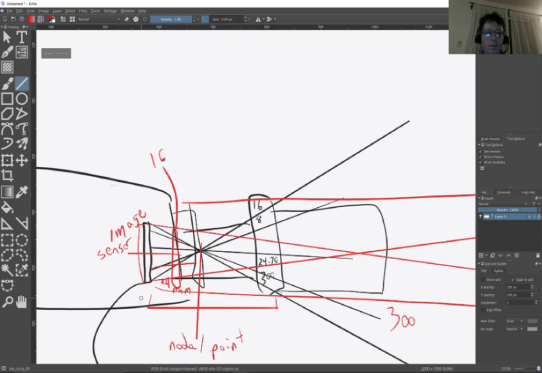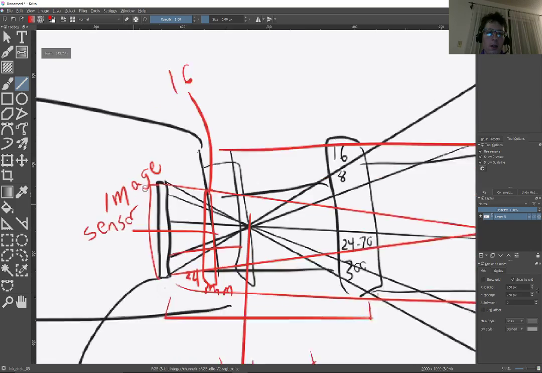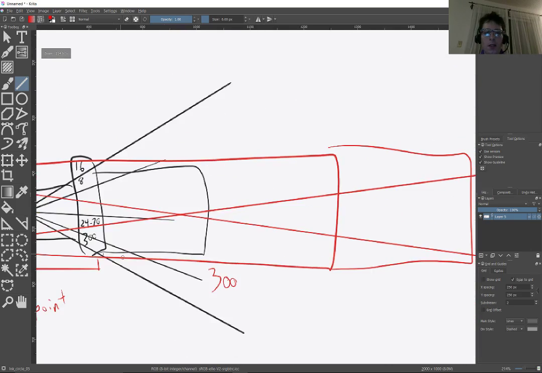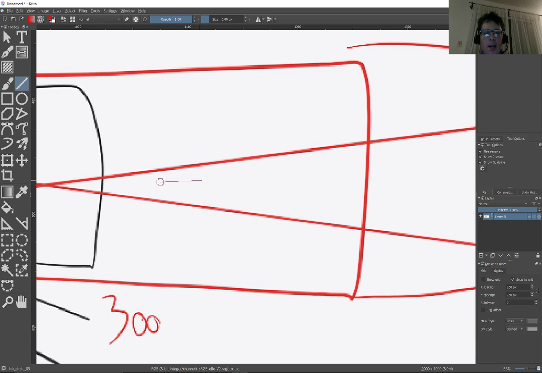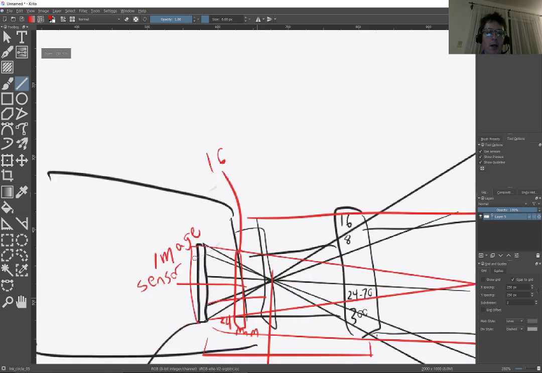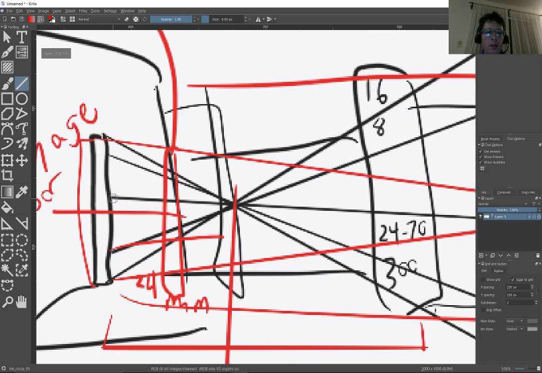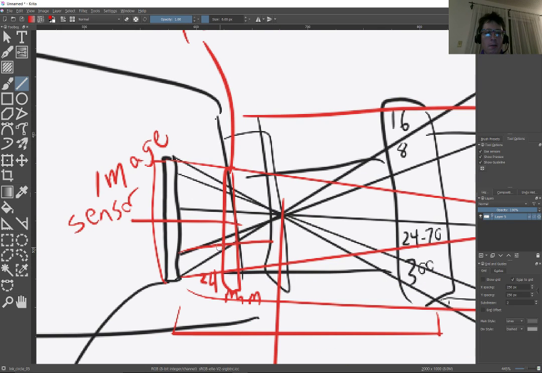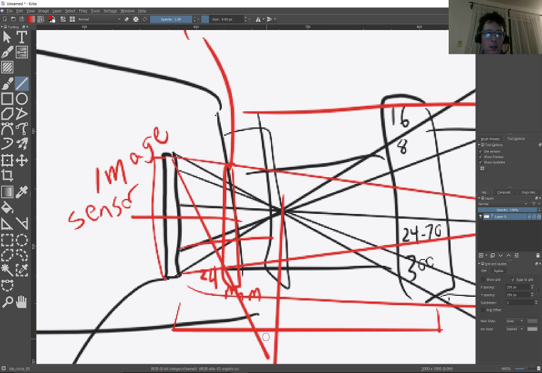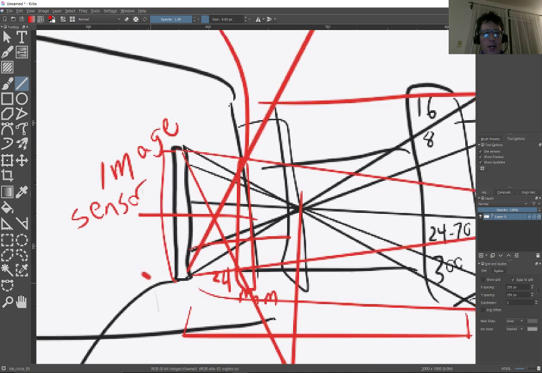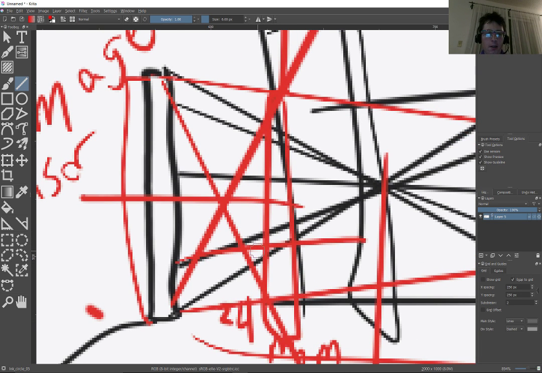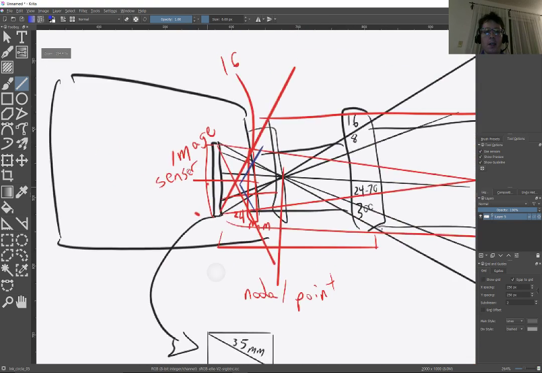So what ends up happening is we get a very, very narrow field of view for this long lens, whereas for something like this 16mm lens, look at this. It's a huge angle. There's our wide angle. I'll choose a different color so it makes more sense. Look at how big this angle is. That's a lot of stuff you're seeing.